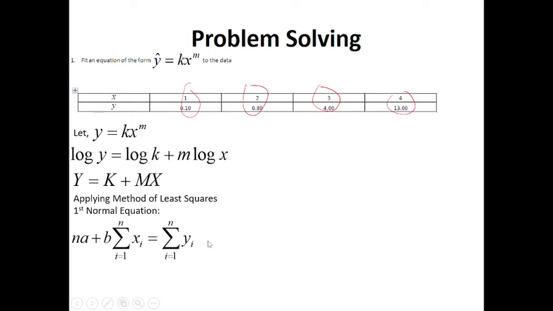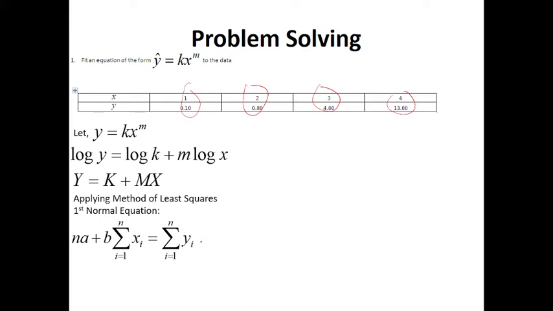Here's the derived equation from my previous discussion: Na plus b summation x sub i over the range from i equals 1 to n, equal to summation y sub i over the range from i equals 1 to n.